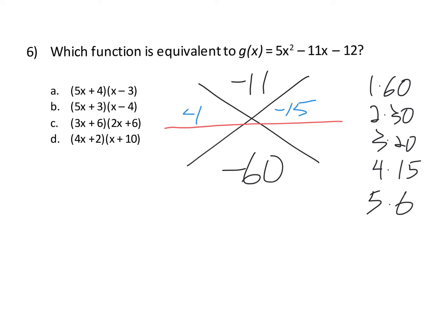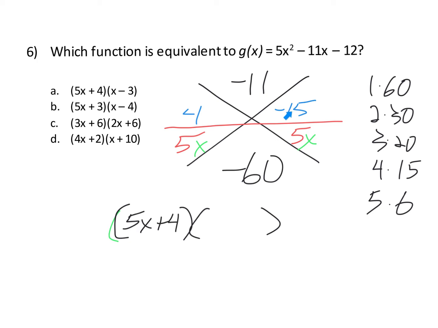So let me go ahead and write that down here. And then remember that the x is going to go with the term in the denominator of the fraction. Now, we're going to simplify these fractions. Now, 4/5 is already simplified, so one of our terms is going to be 5x plus 4. So I can go ahead and write that term as 5x plus 4.